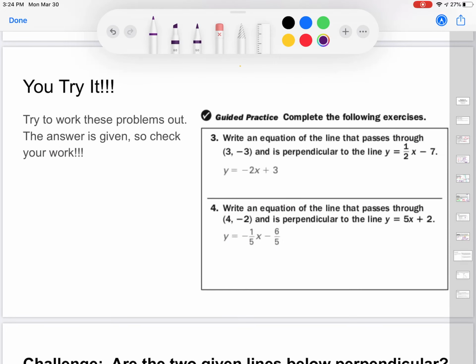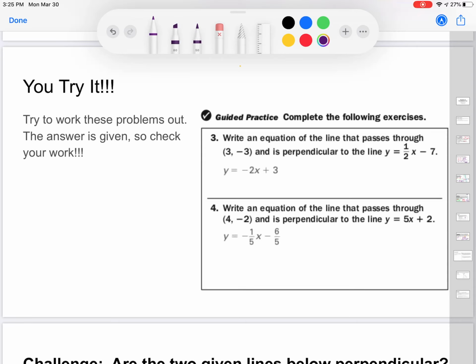This is 2 problems. You don't necessarily have to work both, but if you have some time, I would try it on both of these. You can pause the video now, and I want you to try and write the equation of the line that passes through the given point that's perpendicular to the given line. You're going to go through the same process we just did.